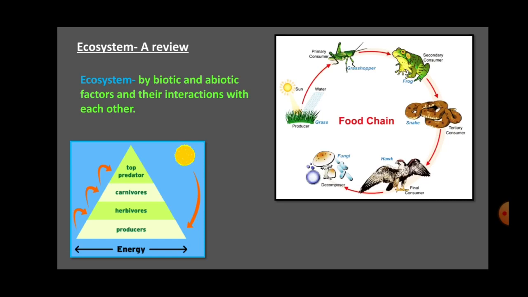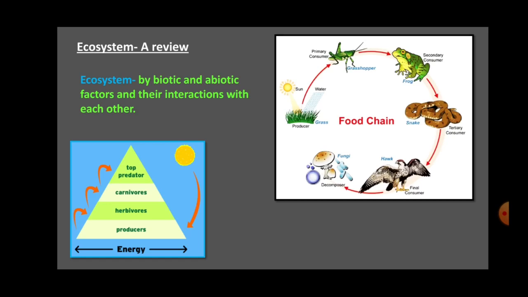Yes, global warming and the various diseases and imbalance in the nature, sudden change of seasons, weather, we all are experiencing very well. The first picture, you have producers. The herbivores feed upon producers, the carnivores feed upon herbivores, then the top predators. And this is how the energy is transferred from one level to another.